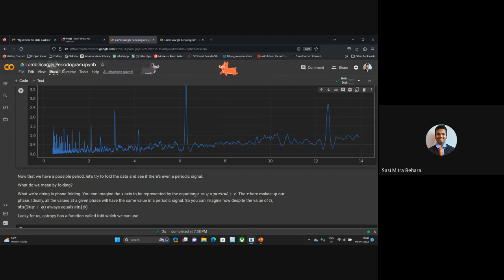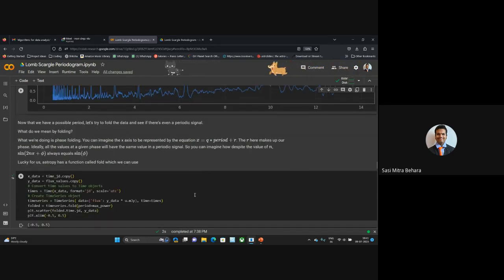You can imagine how, despite the value of n, sine of 2n pi plus phi is always going to be equal to sine of phi. Just like that, the periodic signal's value at a given r, regardless of the value of q, is going to be the same. Now, Astropy has a function called fold, which we can use.